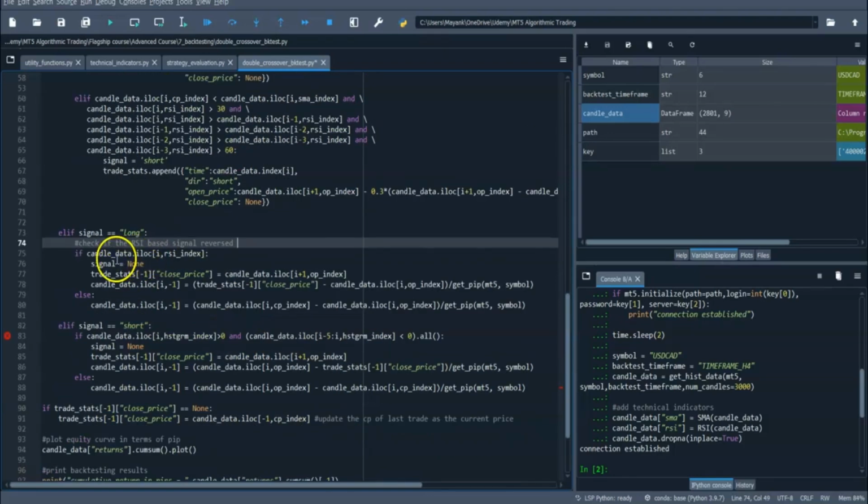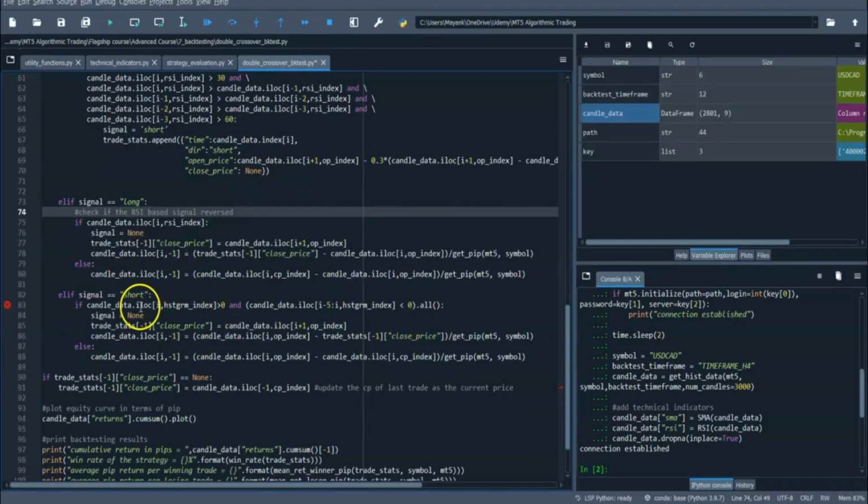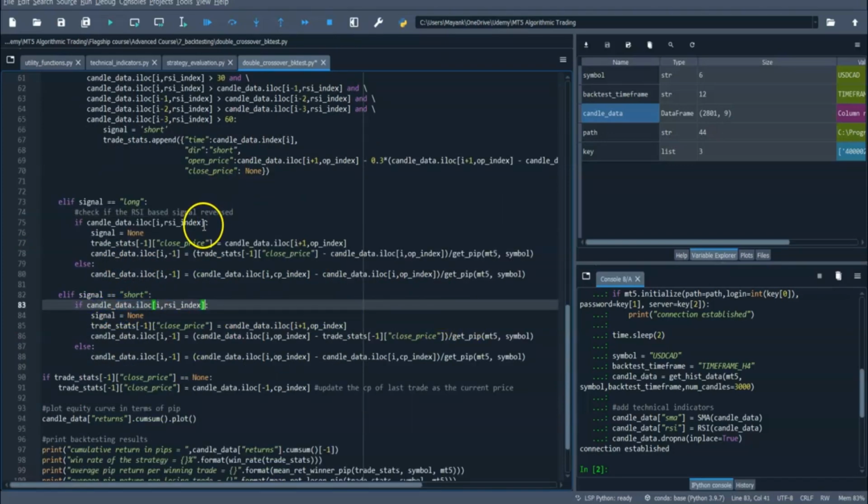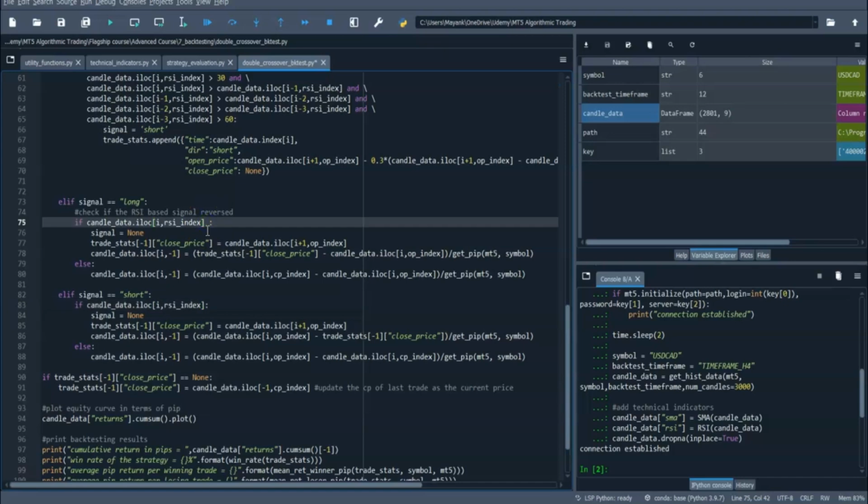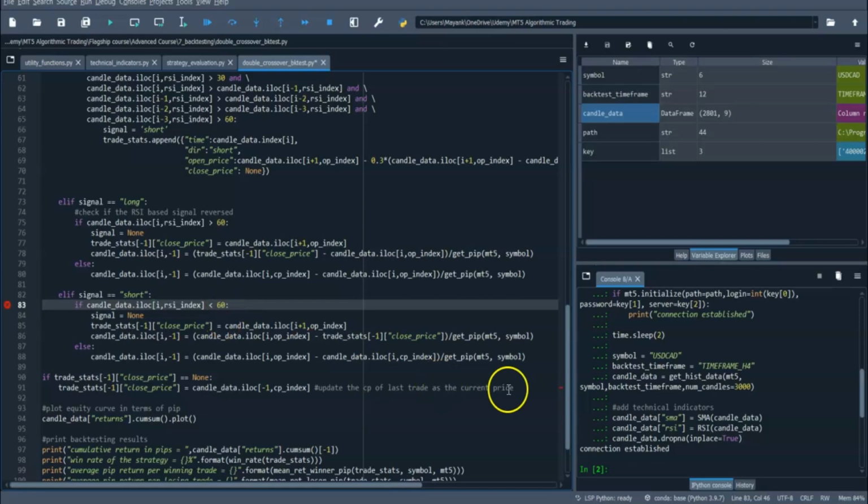So if that happens, we close out, we update the close price, and we update the return. Likewise for short, let me update this. Oops, I didn't give the actual logic here. So if this is greater than 50, actually let me make this a 60 and make it a bit more aggressive. Likewise for short, let me make this less than 60.